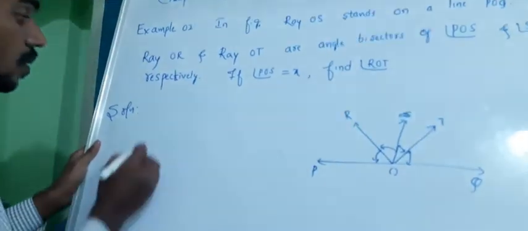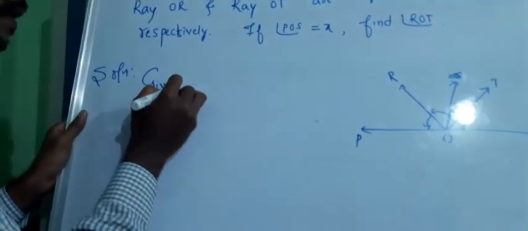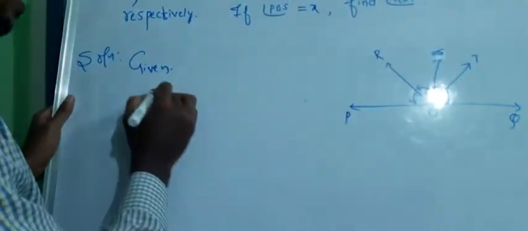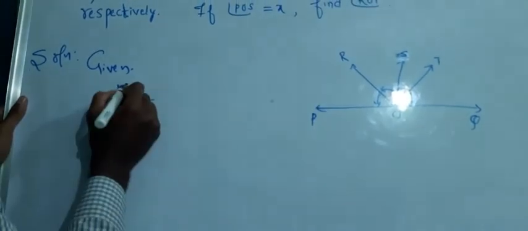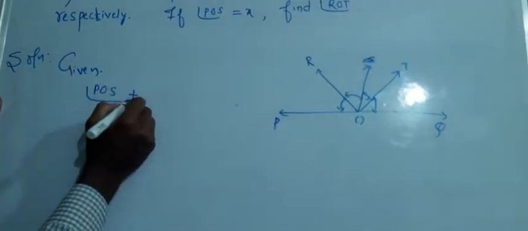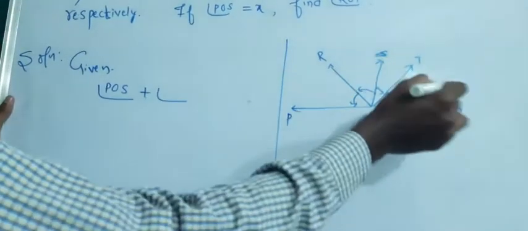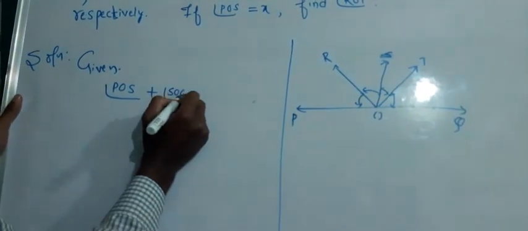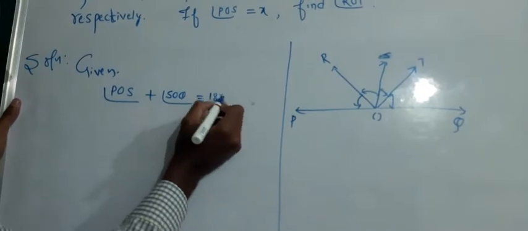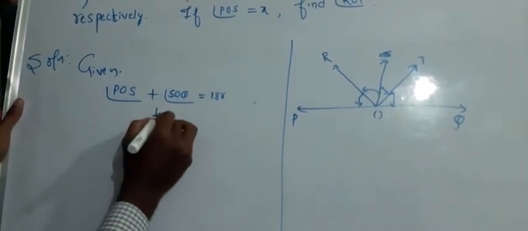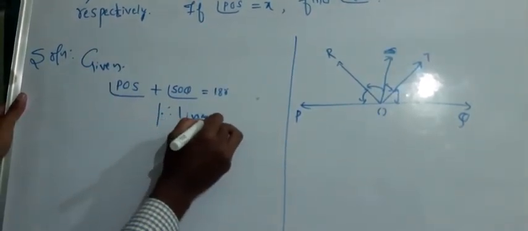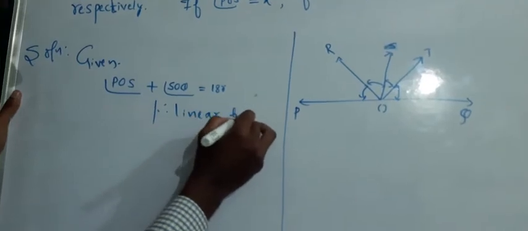Now, what is given to us? Angle POS plus angle SOQ is equal to 180 degrees. Why? Because it is a linear pair.